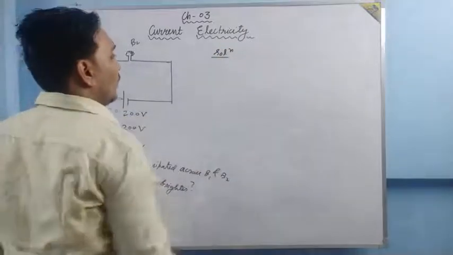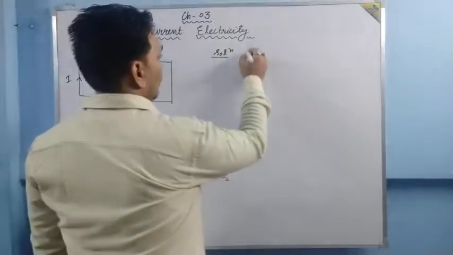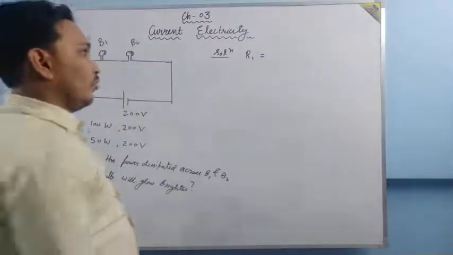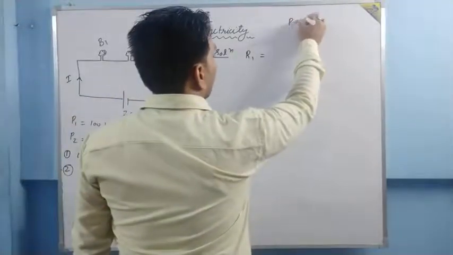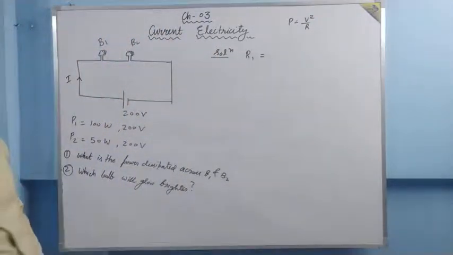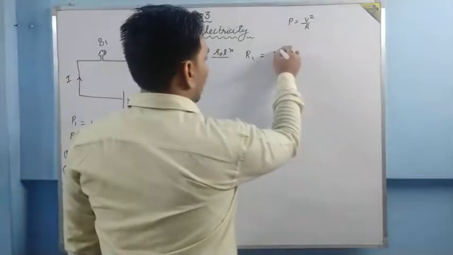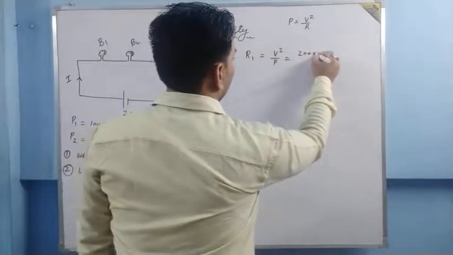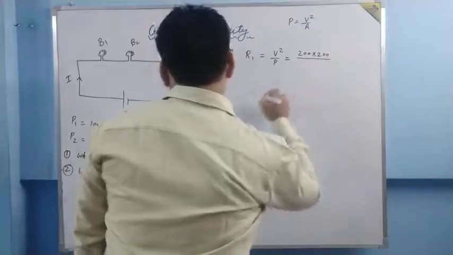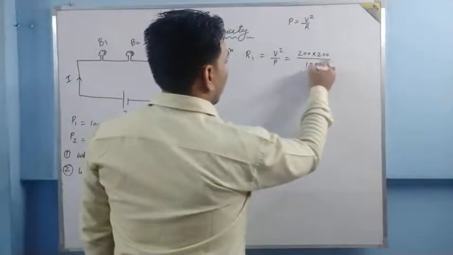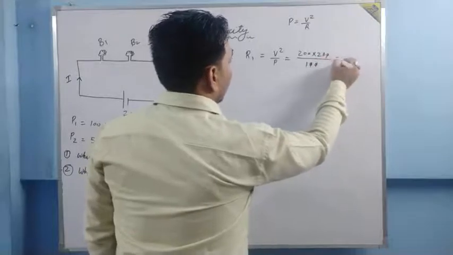Solution. What is the resistance of first bulb, R1? Formula I am going to use is P is equal to V square by R. From there R is equal to V square by P. What is that V square? 200 multiplied by 200. And what is that P? For the bulb B1, power is 100 watt. 10, 10, 10, 10 will be cancelled.